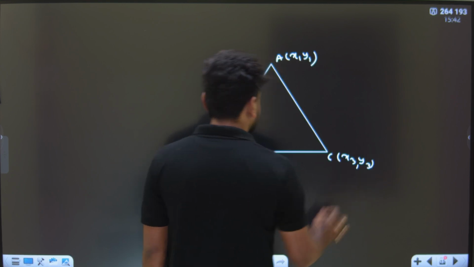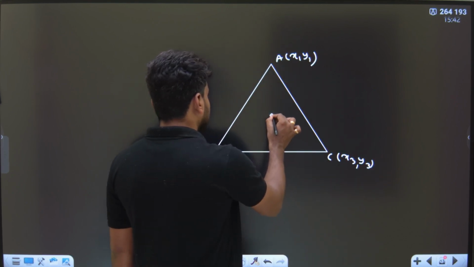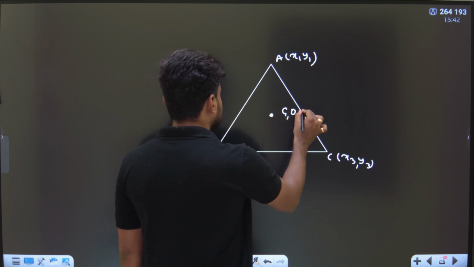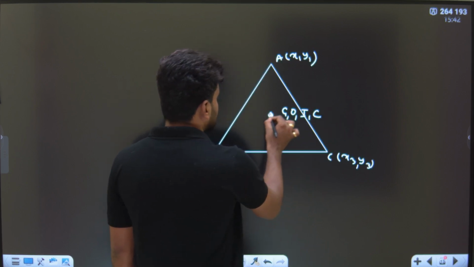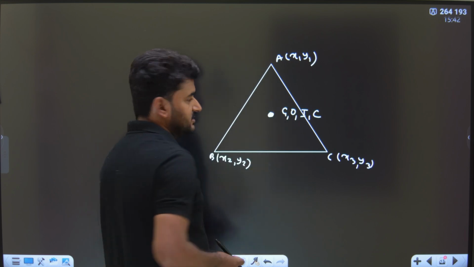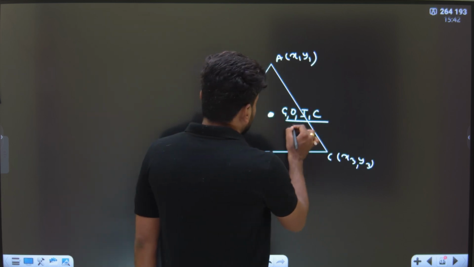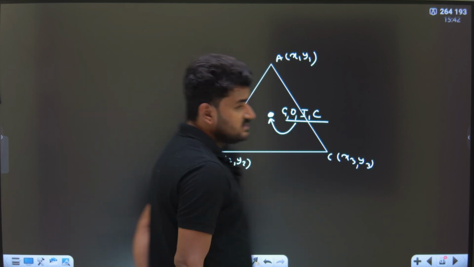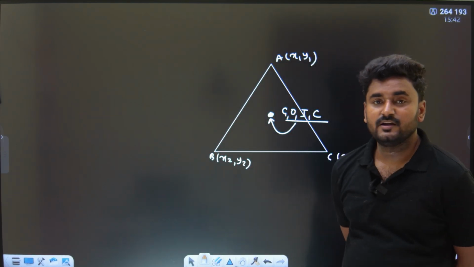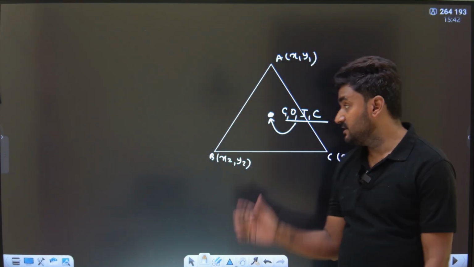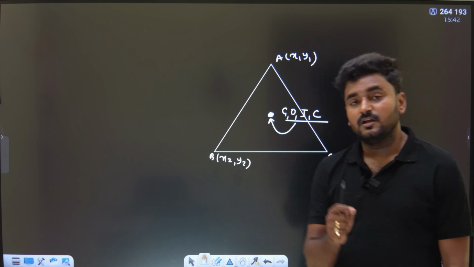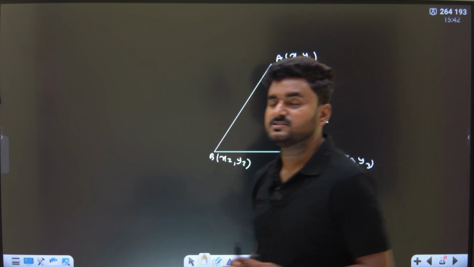In case of an equilateral triangle, the GOIC will coincide at the same point, which means the centroid, orthocenter, incenter and circumcenter will lie on the same point. They will coincide with each other.